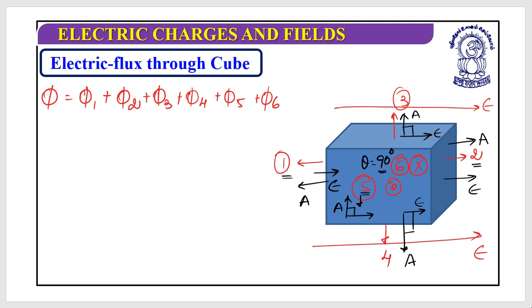So if I summarize this, leave aside the first and second, and think about 3, 4, 5 and 6. All of these have E A cos 90 degrees.